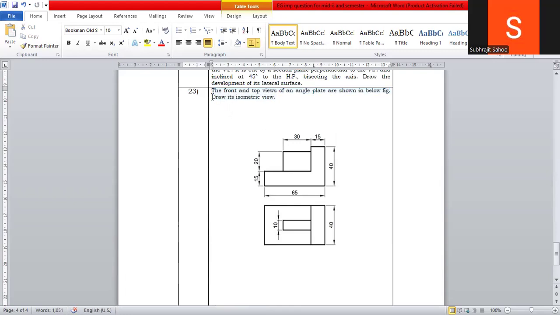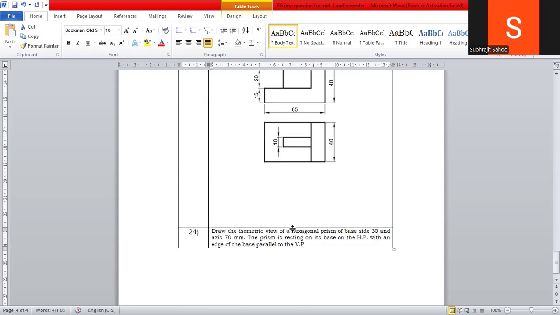In the question it is asked to draw the isometric view. Also, in the last video I mentioned 2D to 3D we can do, and 3D to 3D also we can do. So in question number 24, draw the isometric view, that means 3D.